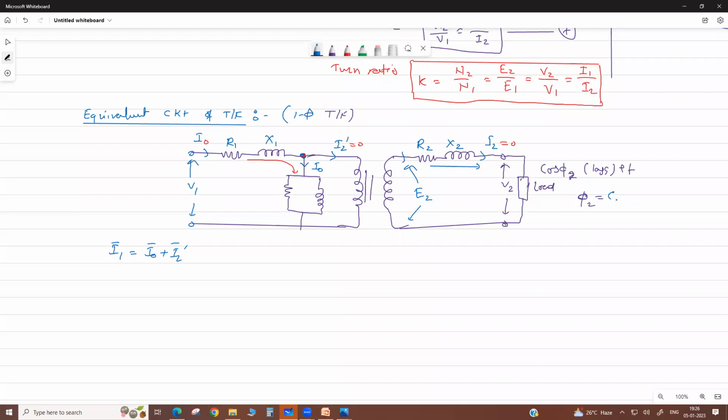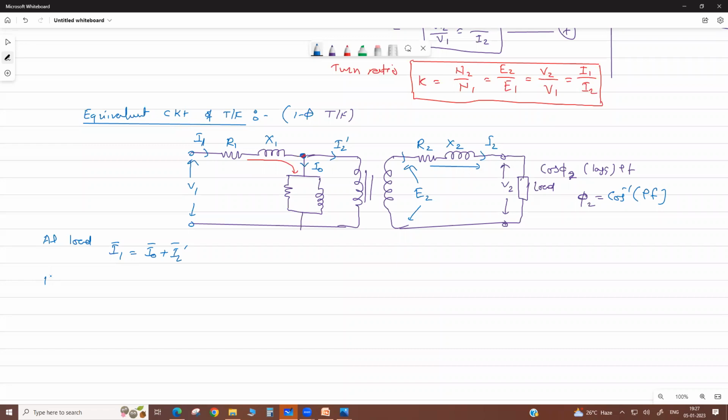At lagging power factor, taking cos inverse of the secondary power factor, we get the angle. Your current I2 lags the voltage V2 by this angle. Then there is this current, and this is I1, the total current at full load.